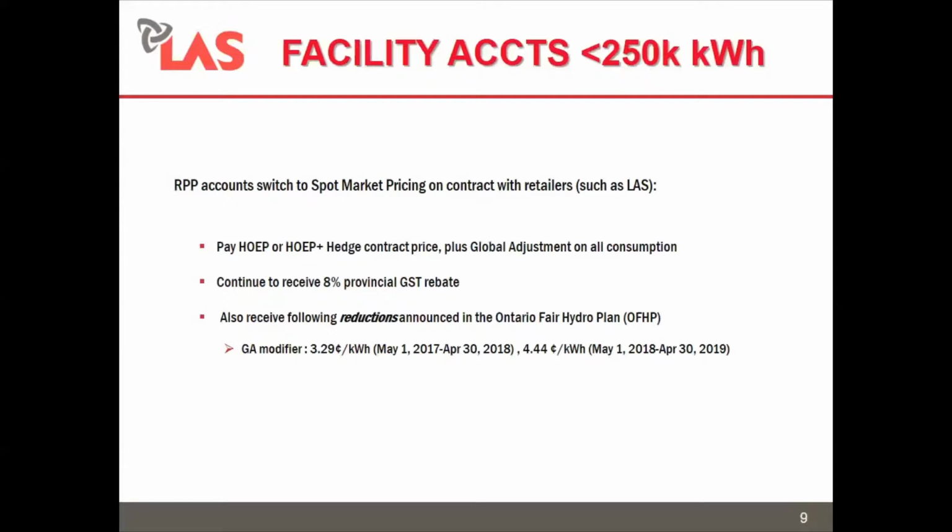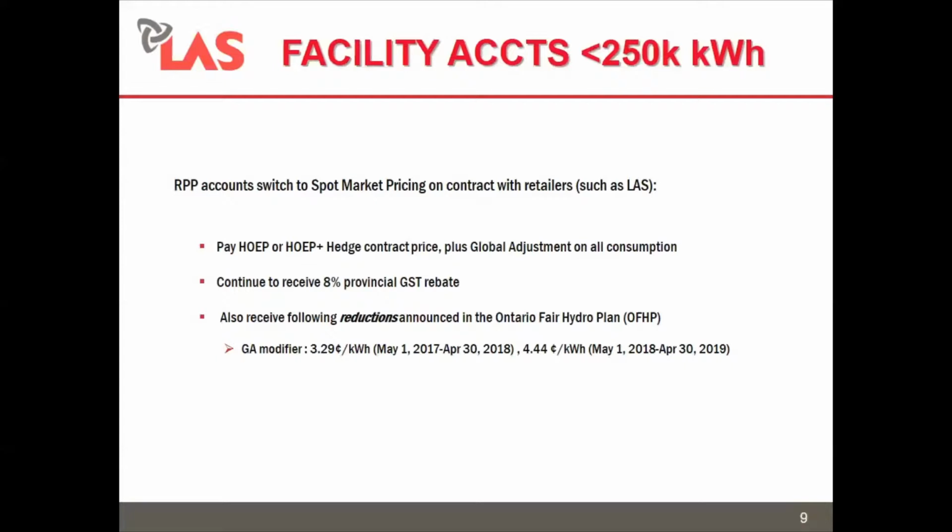And remember, this GA is not actual. This is already included in the RPP rate you have been paying. So once you switch from RPP and sign with any retailer, paying the spot market rate plus GA, you will still continue to receive that 8% GST rebate because it's coming from the provincial government.